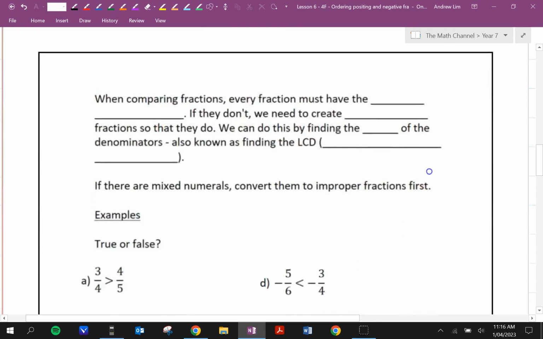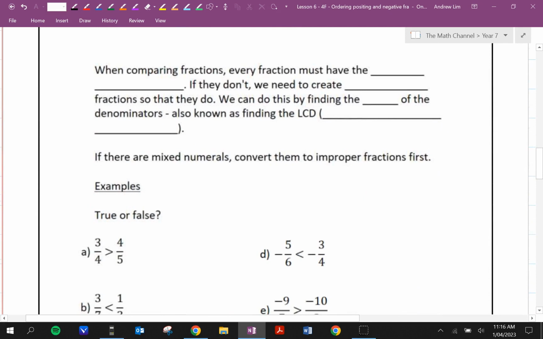Alright, so when comparing fractions, every fraction must have the same denominator. If they don't, then we need to create equivalent fractions so that they do have the same denominator.